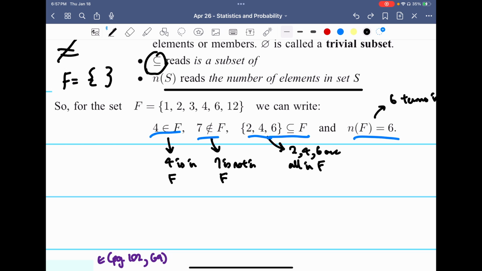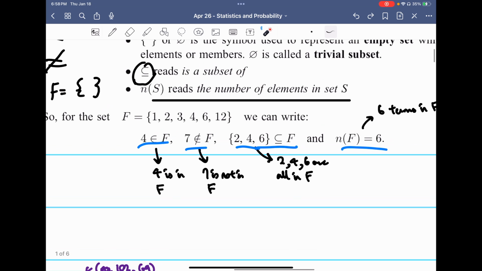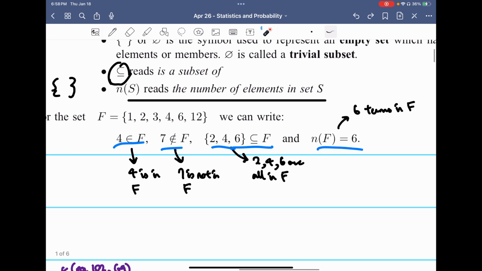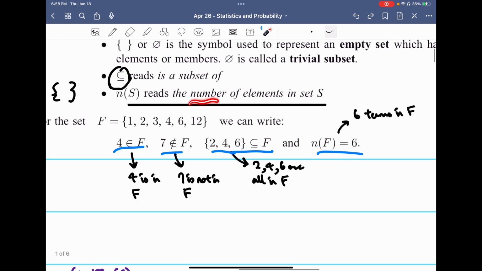So this statement is true. 7 is not here in the element section, so 7 is not a member of F. 2, 4, 6 are all values within F, so we can say {2, 4, 6} is a subset of F. And finally, n means the number of elements within set S. So for 1, 2, 3, 4, 5, 6.